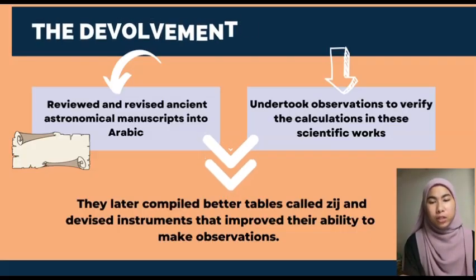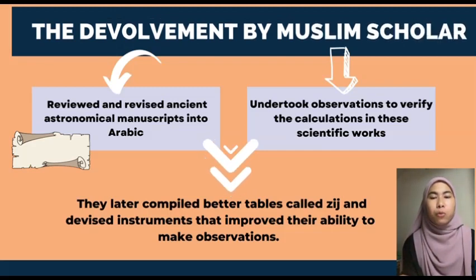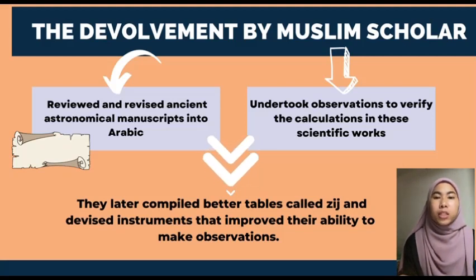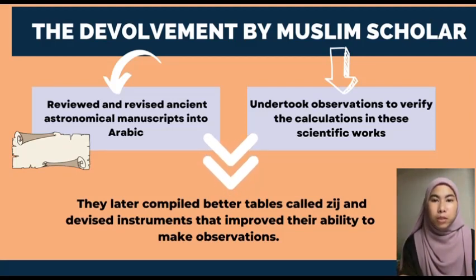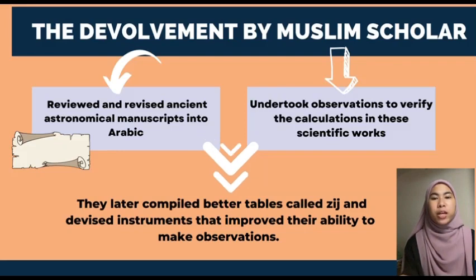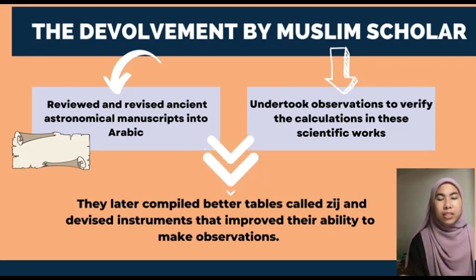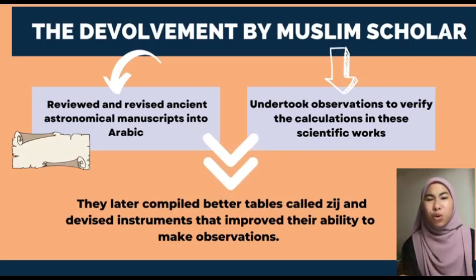First, we would like to discuss the starting point of the Muslim scholars in making developments on the astronomical elements. The first thing they did was to revise and review ancient astronomical manuscripts and translate them into Arabic, where these manuscripts mostly came in Latin or Greek.